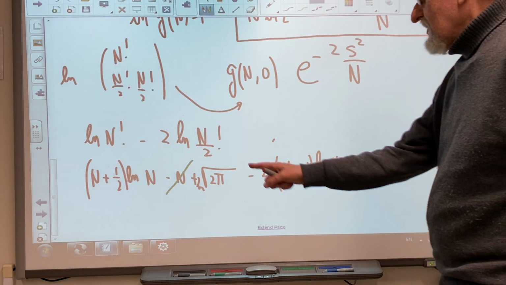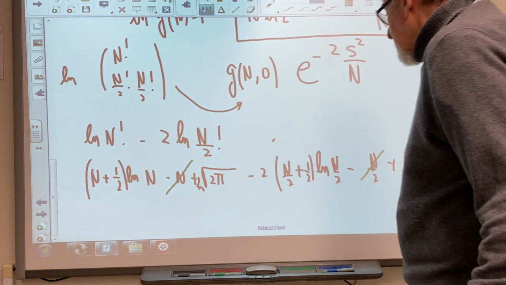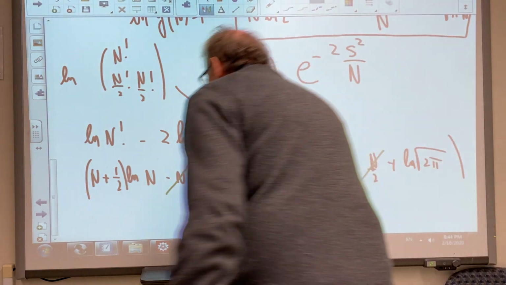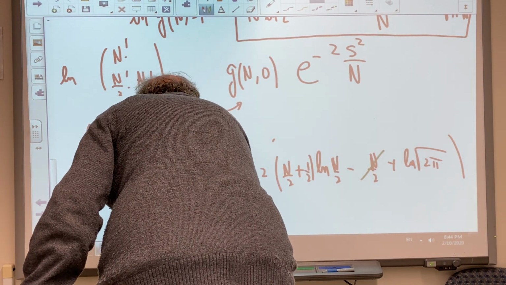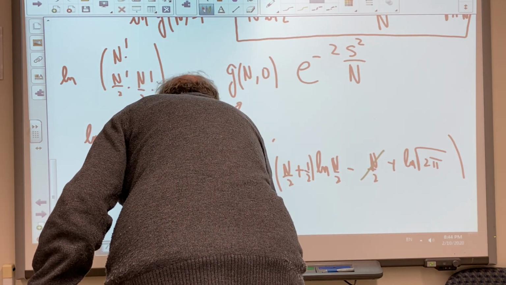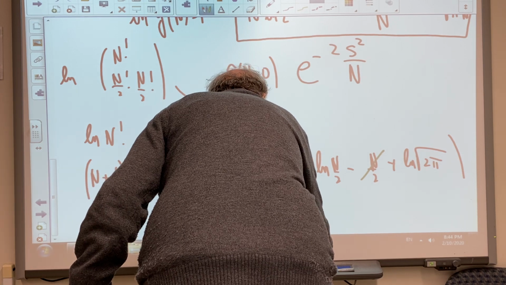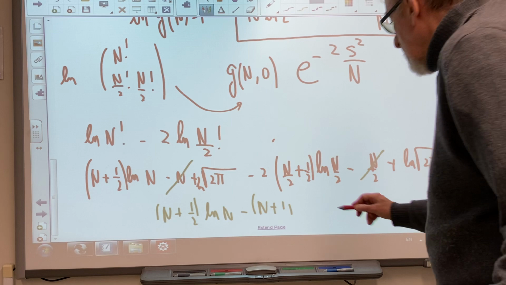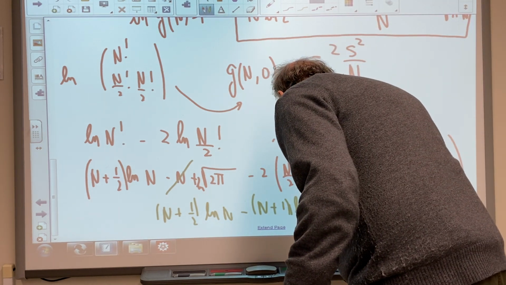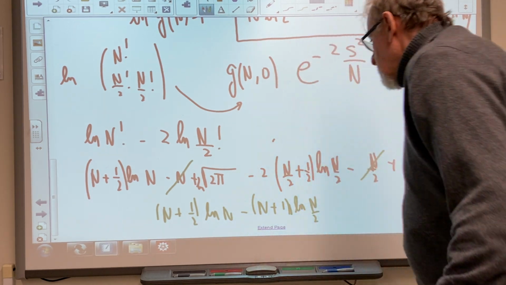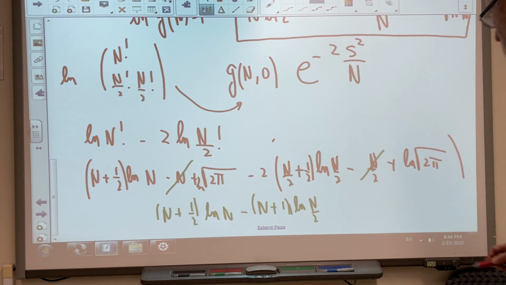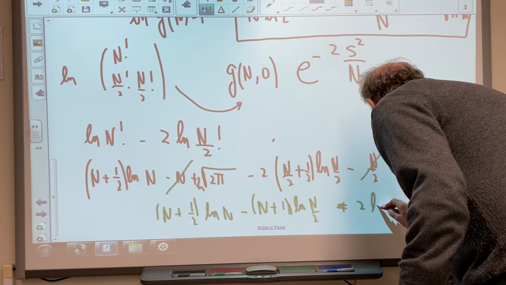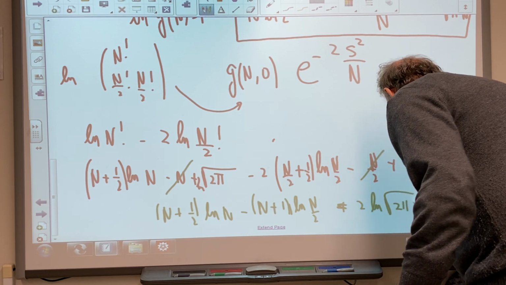And here I have n plus 1/2 ln n minus n plus 1 ln n over 2. So I have n plus 1/2 ln n minus n plus 1, because I am multiplying by a 2, ln n over 2, minus twice ln square root of 2 pi.